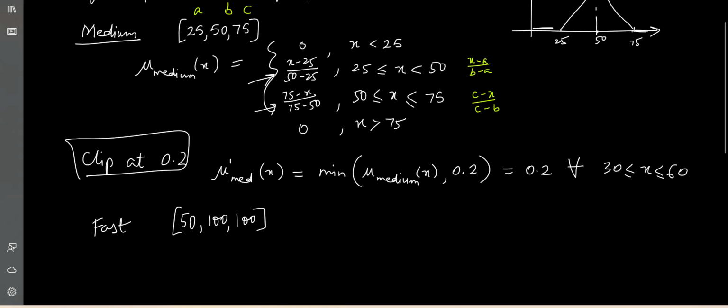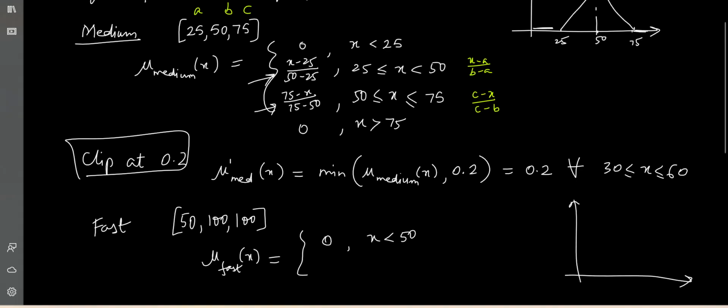Therefore, for the membership of fast of any variable x, we can again define the intervals. Either it is 0 when x is less than 50, or, if I see the graph of fast, after 50 it is simply rising, and the maximum value is, let us say, 100, and after that it continues like this.